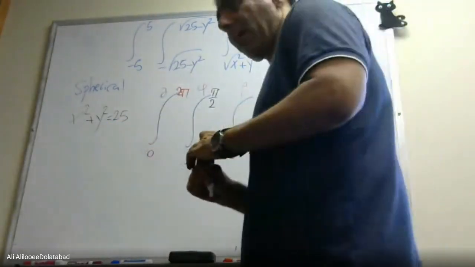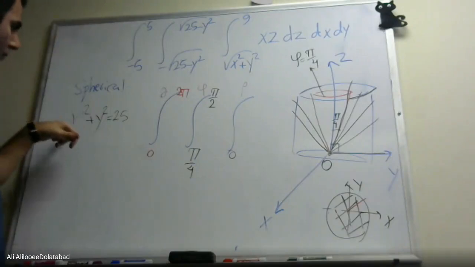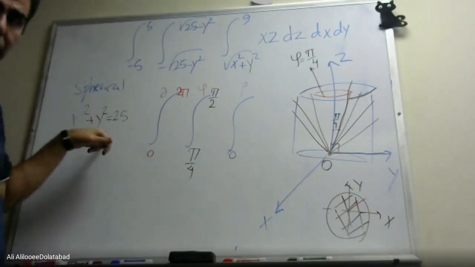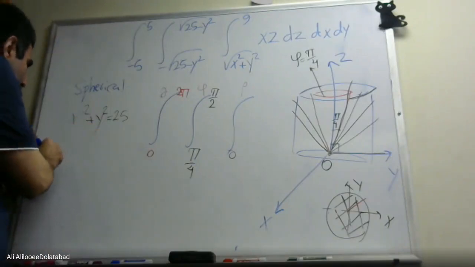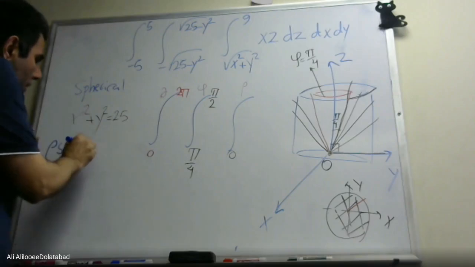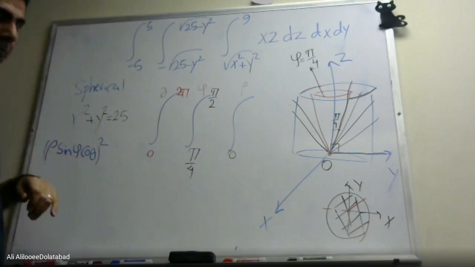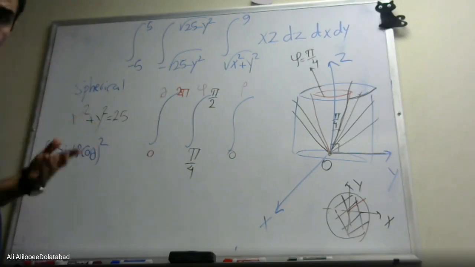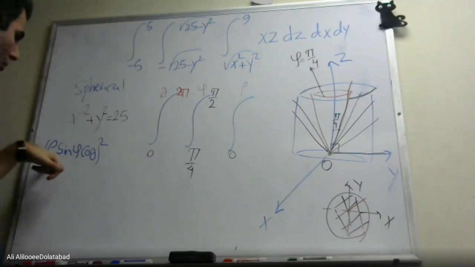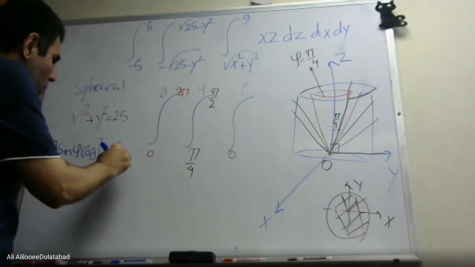Then listen to me very carefully. When we want to convert into spherical coordinates, we know what x is and what y is. If you look at your notes from yesterday, x is rho sine phi cos theta, squared, plus, what about y?